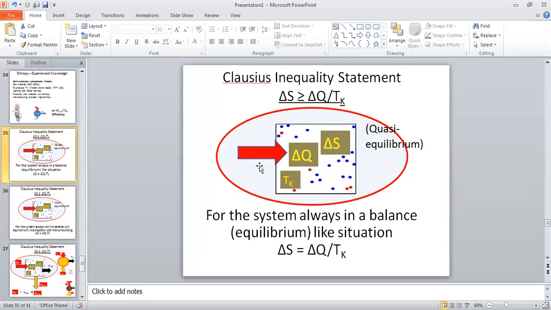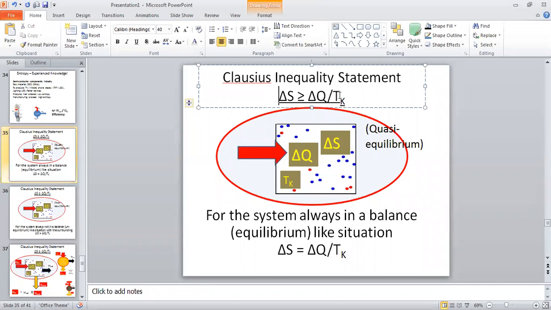For heat transfer delta Q at temperature T_K, the entropy rise delta S is delta Q by T_K for equilibrium. If not, delta S is greater than delta Q by T_K.